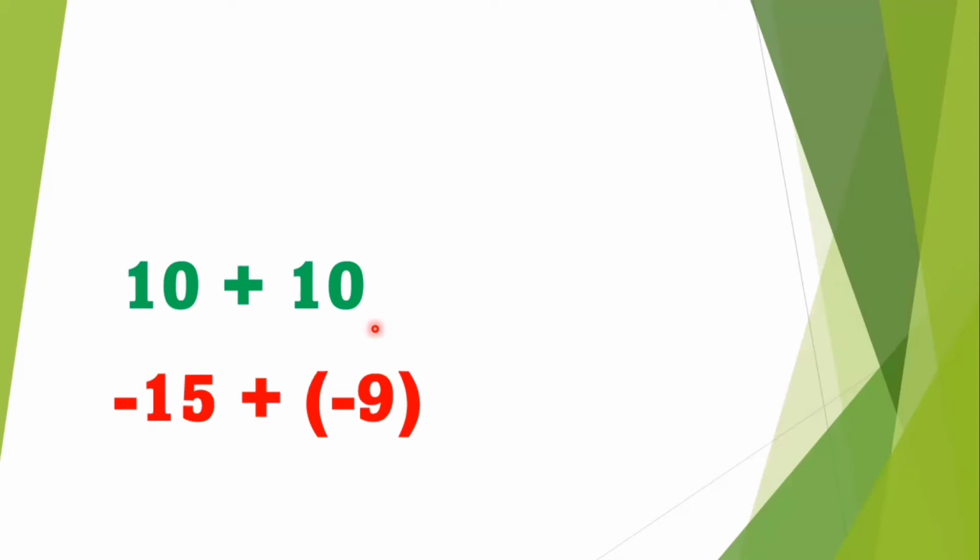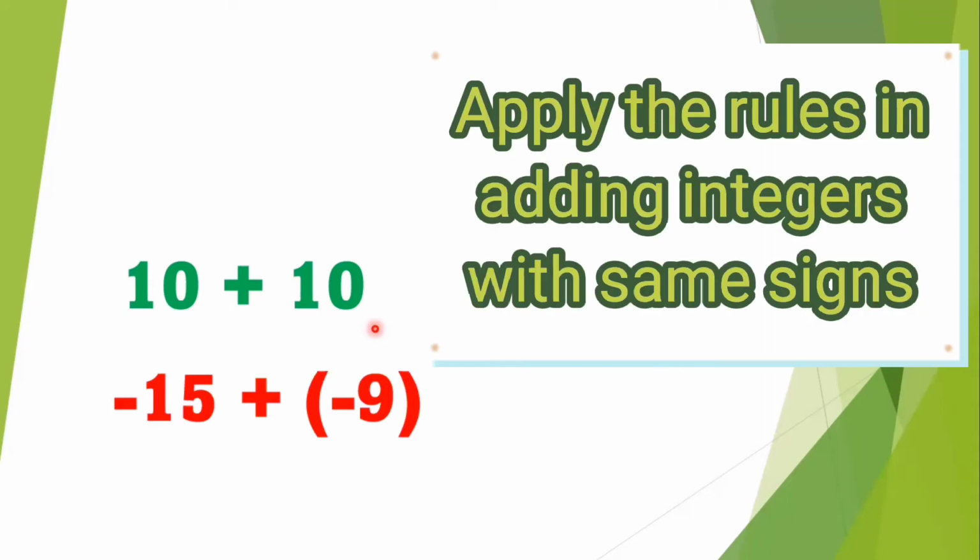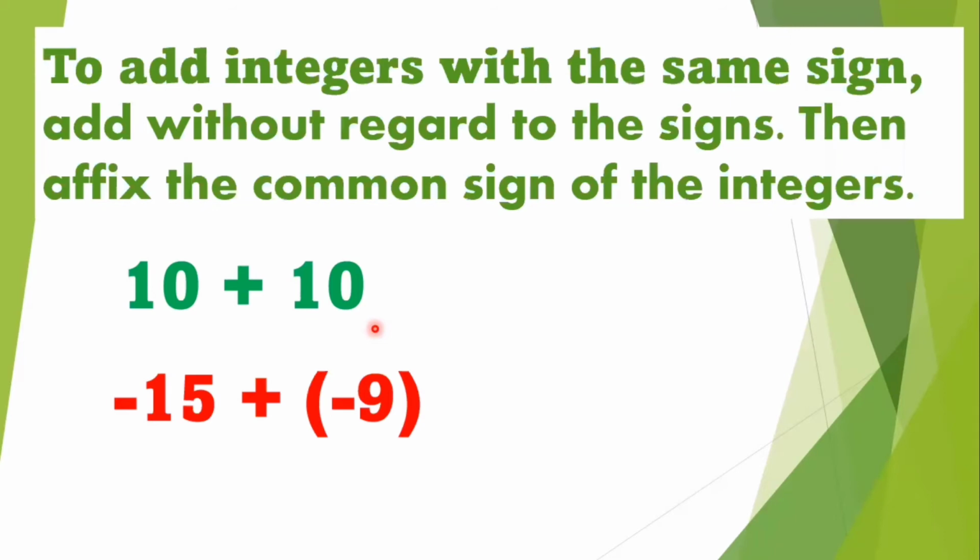That is the reason we have another way, and that is by using the rule in adding integers. This is the rule in adding integers. To add integers with the same sign, add without regard to the signs that affects the common sign of the integers.